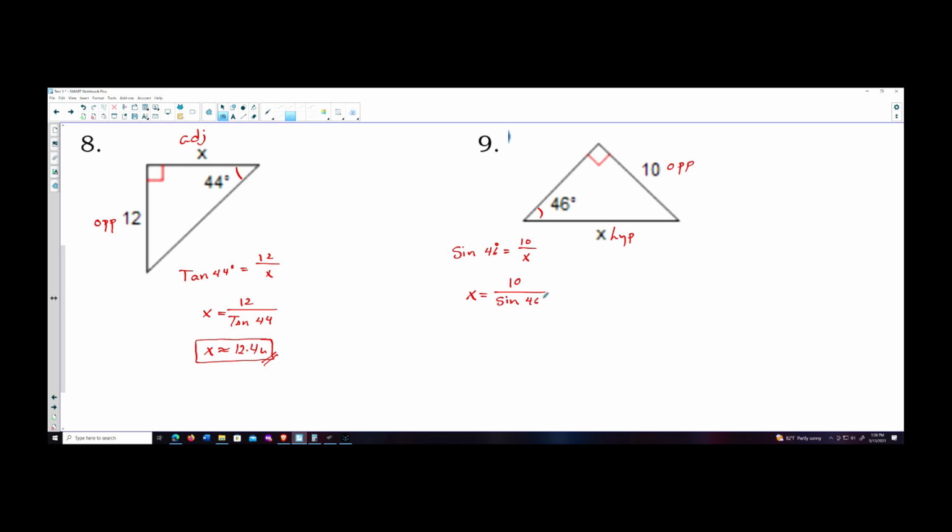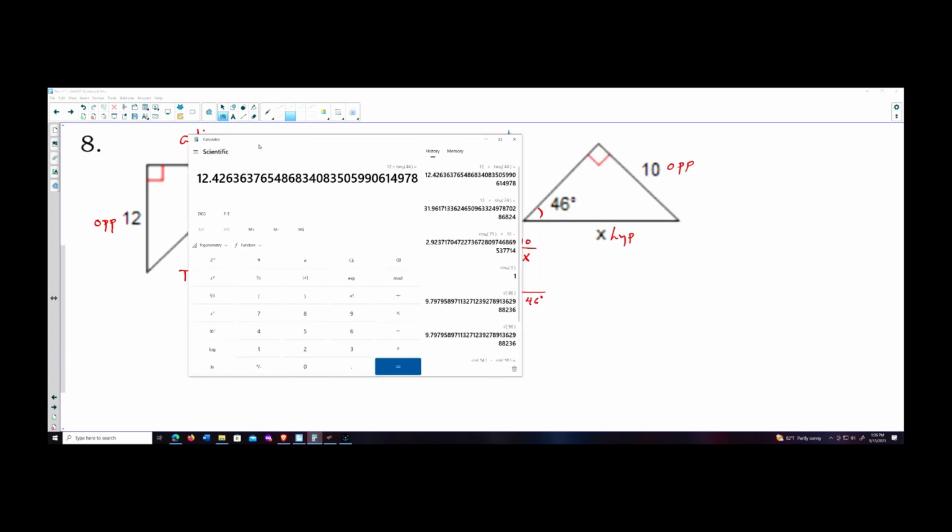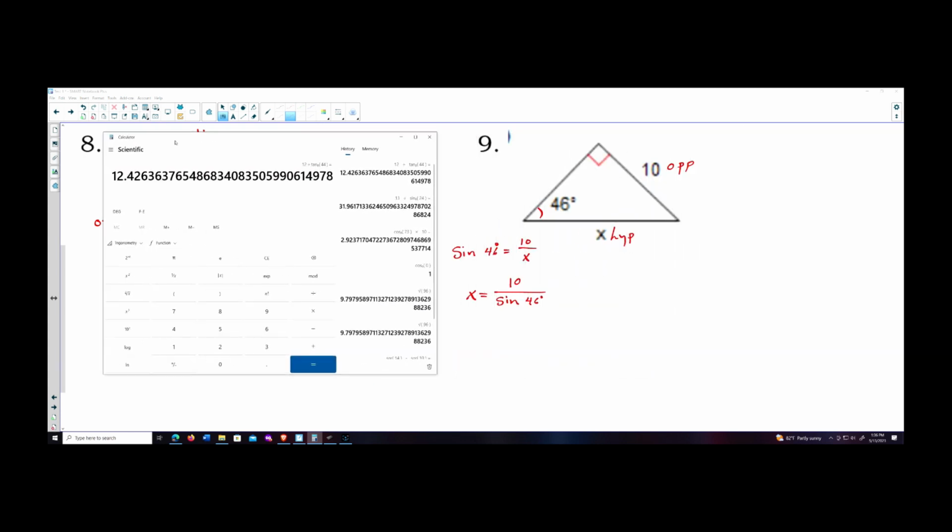Go to my handy dandy calculator. Clear it. And just put it in.